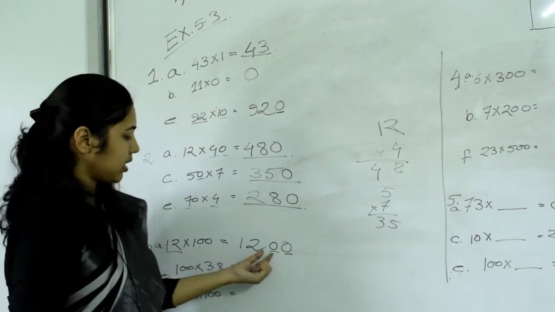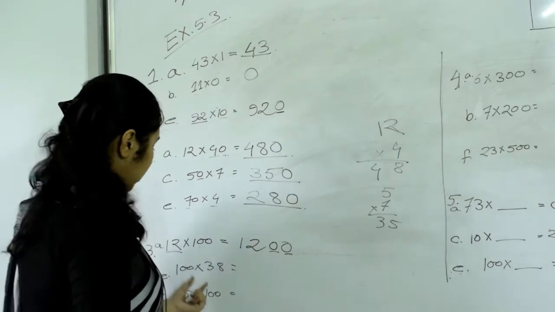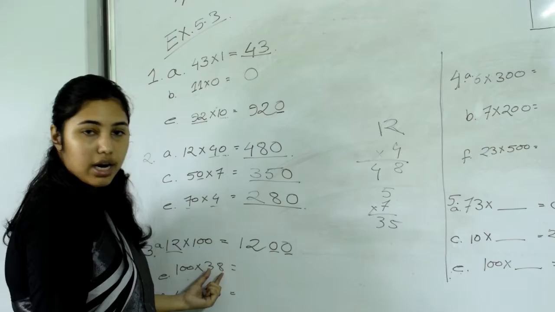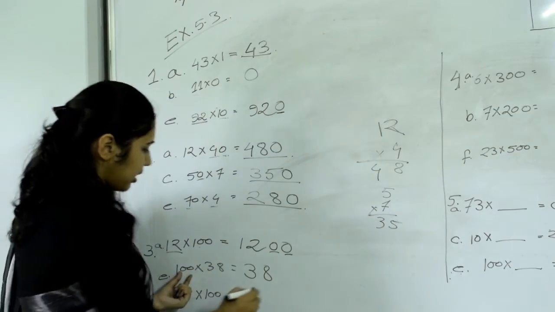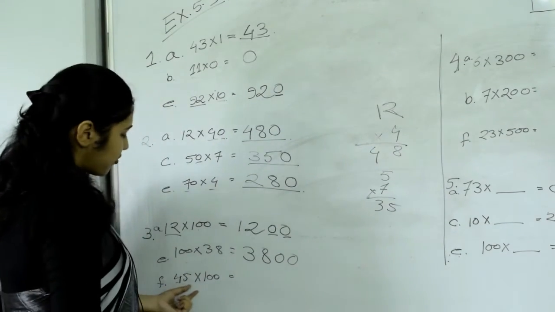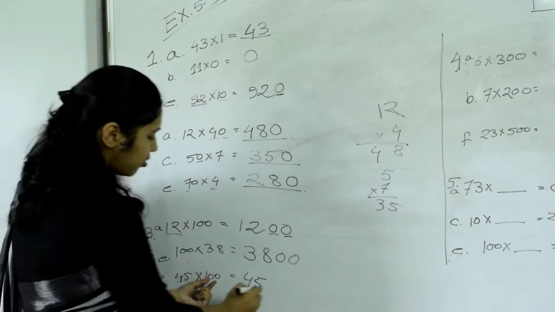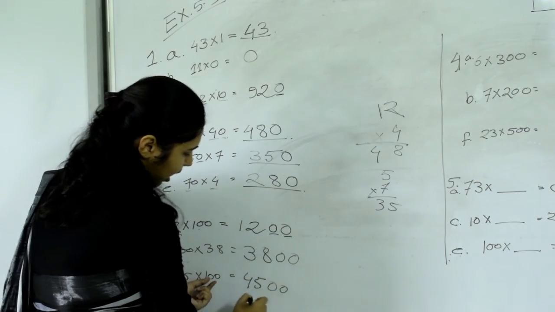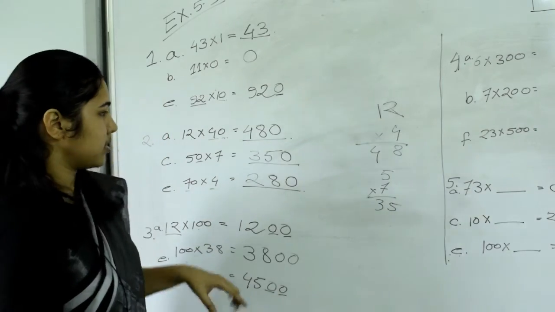That's why we are taking here 2 zeros in 1's place and 10's place. Next, 100 into 38. Similarly, write here 38 and then add 2 zeros. Next, 45 into 100. Again, 45 into 100. So, add 2 zeros in ones place and tens place.